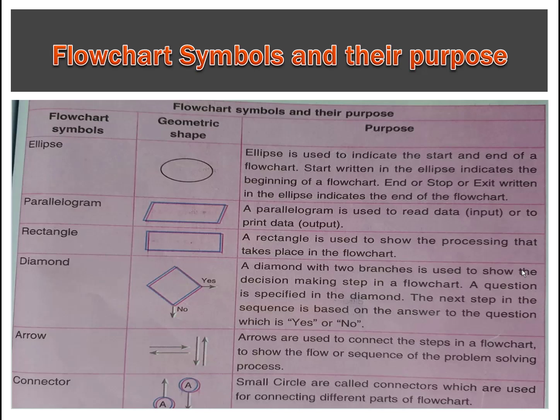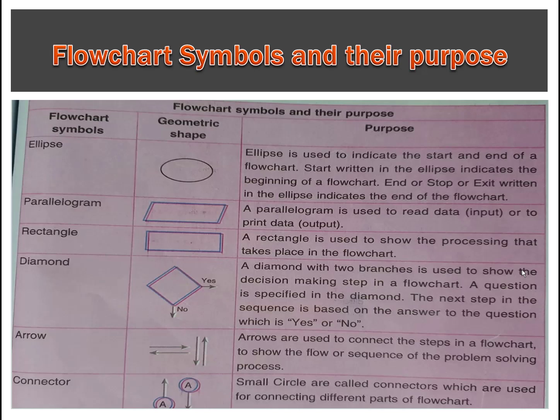A diamond with two branches is used to show the decision making step in the flowchart. A question is specified in the diamond box. The next step in the sequence is based on the answer to the question, which is yes or no.